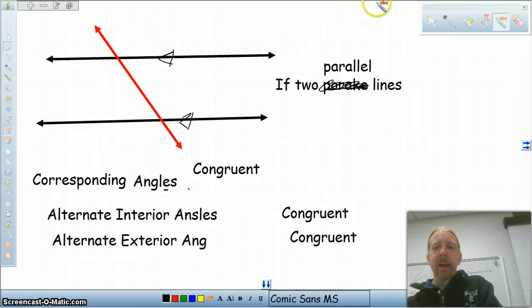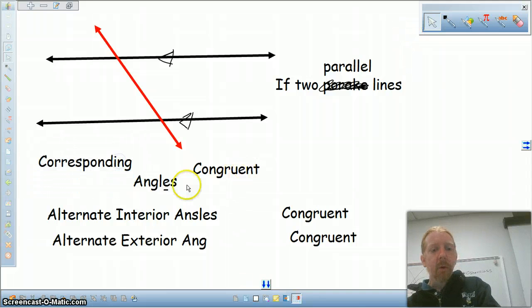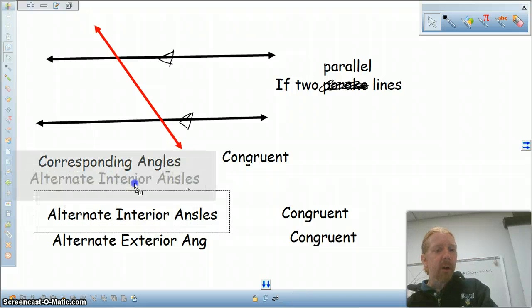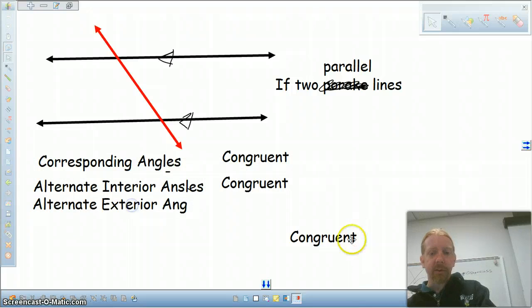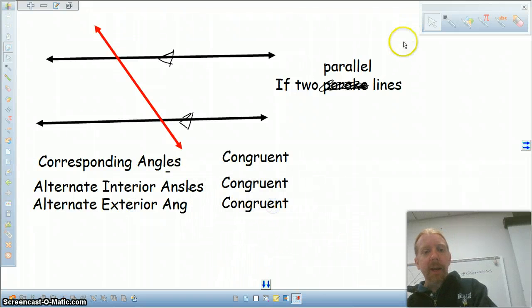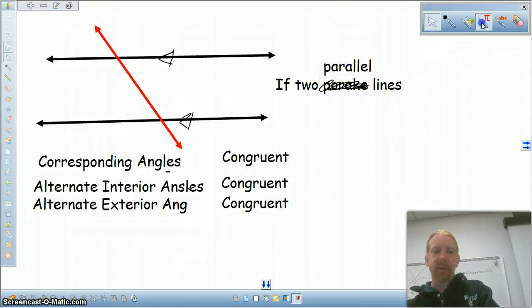Now, if you think about what we've got so far, the corresponding angles postulate is the one that says the corresponding angles are congruent. Alternate interior angles, congruent. Alternate exterior angles, congruent. And they all start at the same idea: if two parallel lines are cut by a transversal.